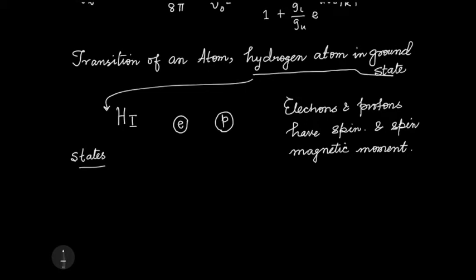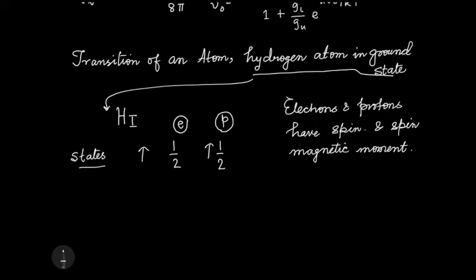Now in such case, I can consider these states. States means the configurations of the system. In one case, say both the spins are aligned. So I'm drawing an up arrow. It can be a down arrow also. Basically what I'm saying is that both of their spins have the same direction.